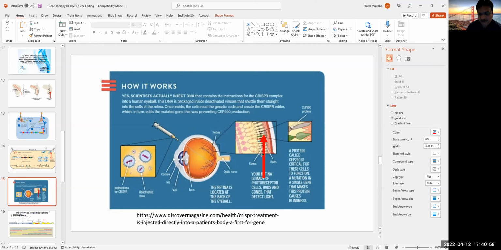So a right CRISPR can be injected into the eye photoreceptor cells, and they can repair the DNA by first making a nick and then implanting the healthy DNA. The gene that is mutated is CEP290, which is critical for photoreception, the rod and cone cells that detect light or distinguish color.